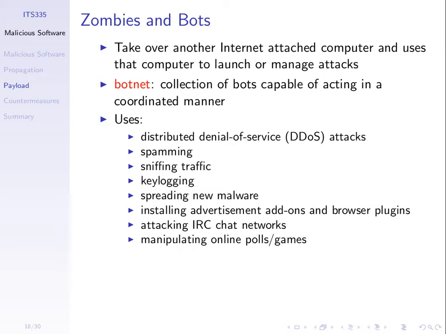Monitoring what's happening in terms of those computers, what they're sending and receiving, sniffing traffic, logging actions on those computers, spreading new malware and other things. So that's a common problem in network security today, is that many computers are compromised and attackers can control those computers to do other more malicious things. We'll see more detailed examples of them when we look at denial of service.